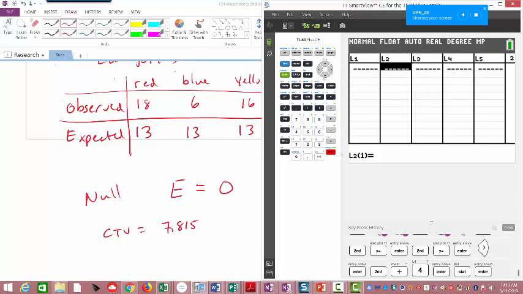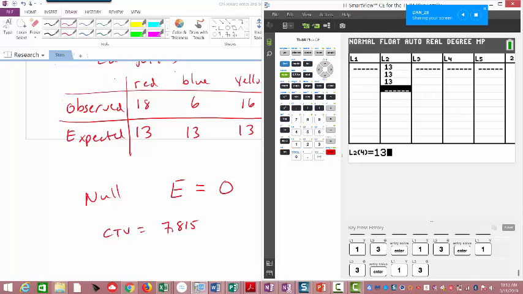Okay, and put expected in one category, observed in the other category, and as long as you know which is in which, that's all that matters. Okay, so my observed is in list 1 and my expected is in list 2.